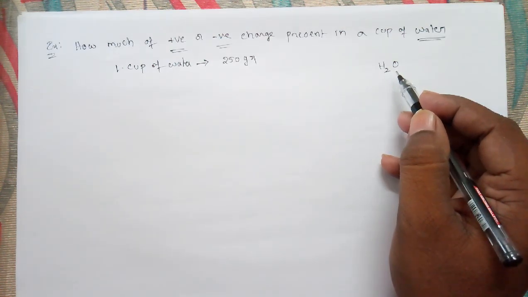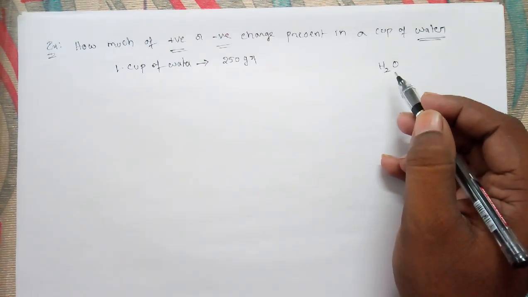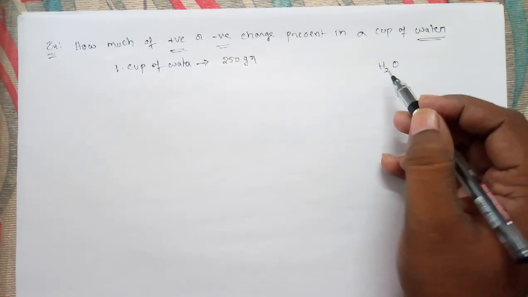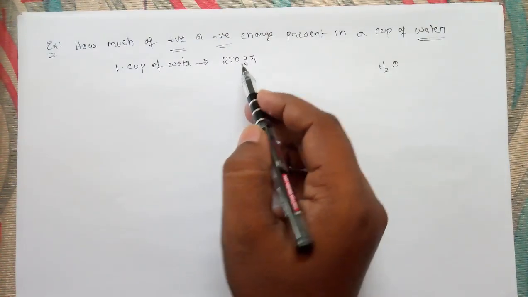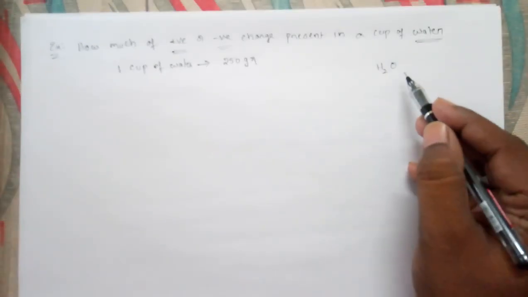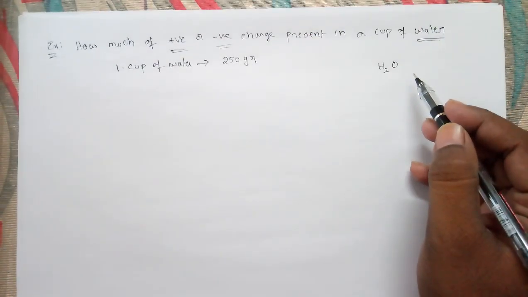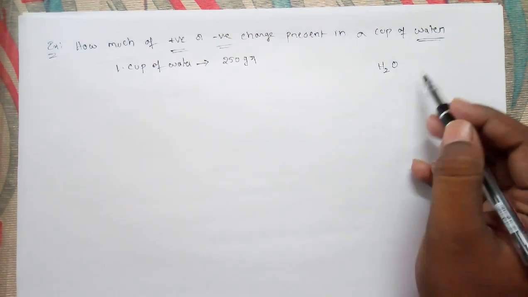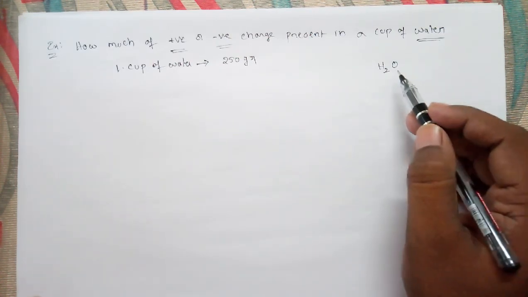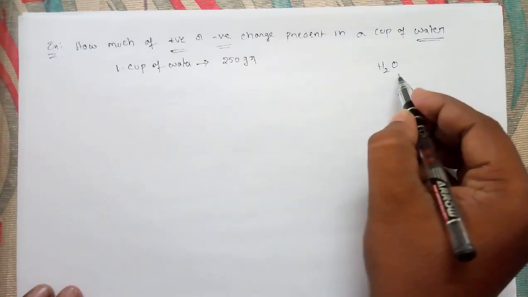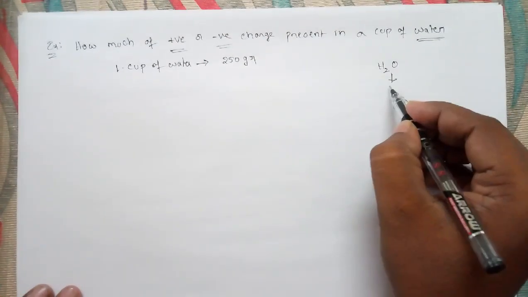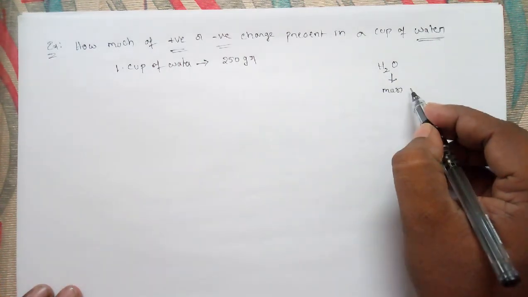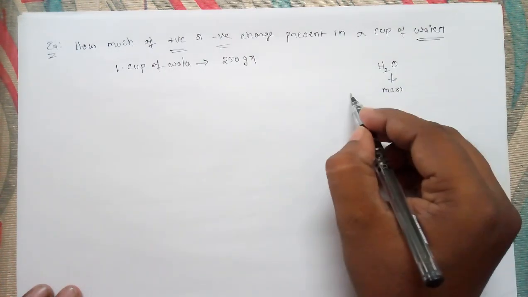You can know by finding how many moles of substance are present in these 250 grams. One mole of substance consists of the Avogadro number of molecules. Then we can get from that how much positive charge and how much negative charge it has. So the number of moles here depends on the mass and the atomic mass or molar mass, we can write.